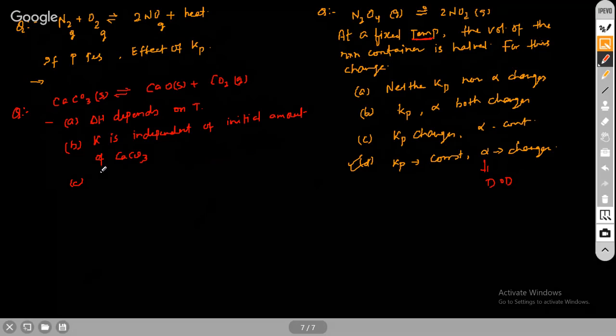C, K depends on the pressure of CO2 at a given temperature.